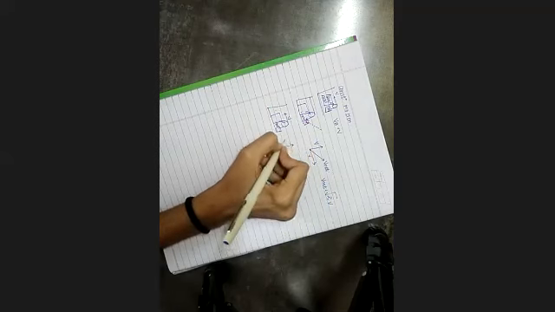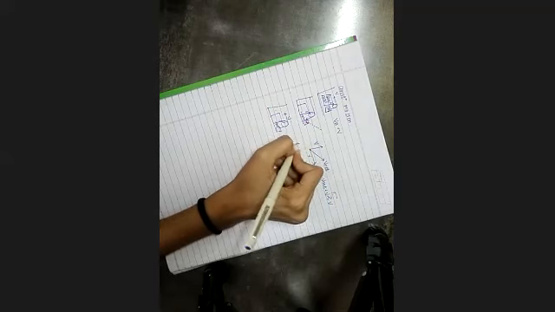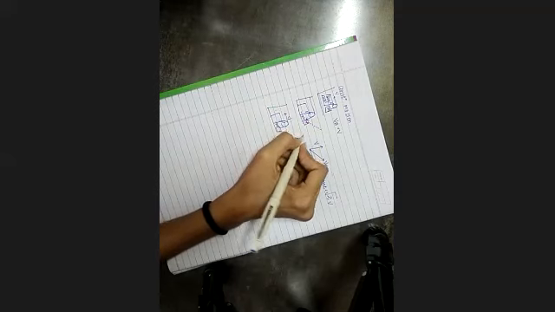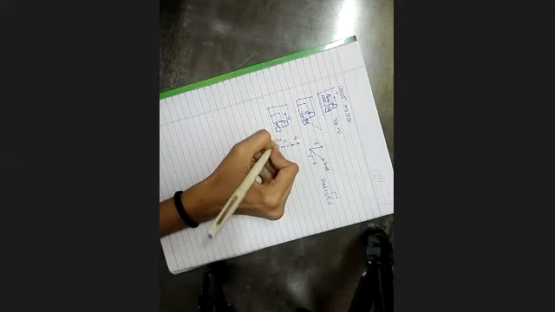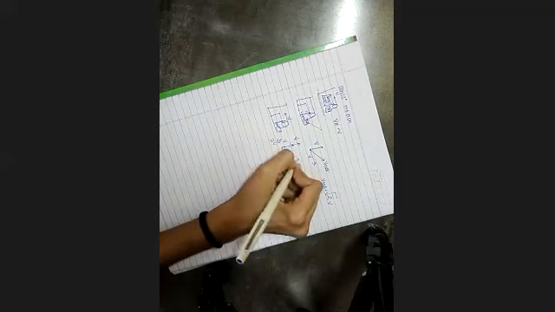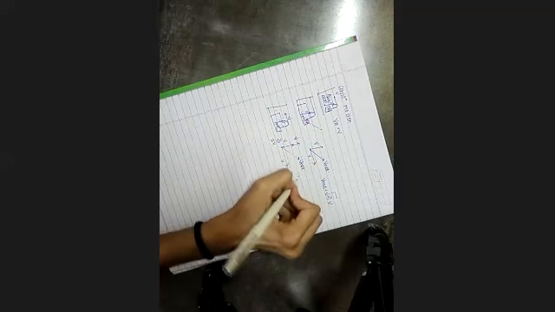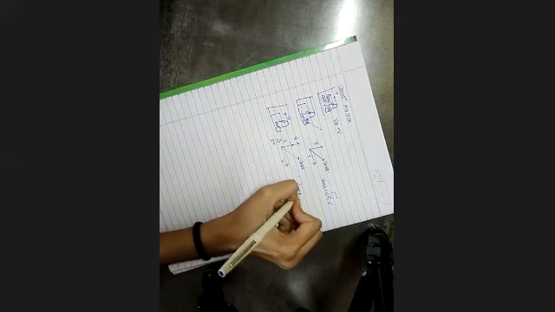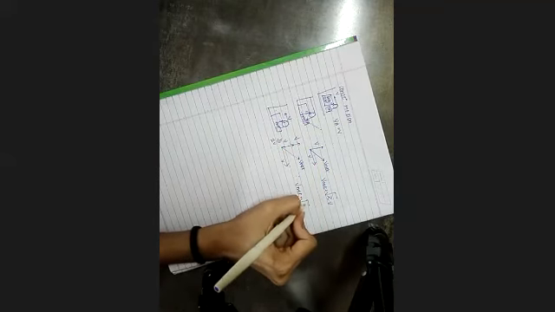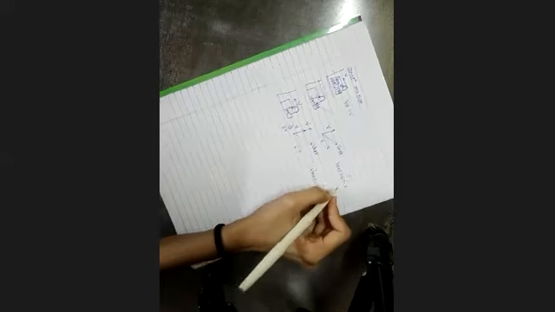This V will move due to the block, and this due to the string. So therefore, it will be 2V. If we find the V net, therefore V net is equal to under root of 5 V.